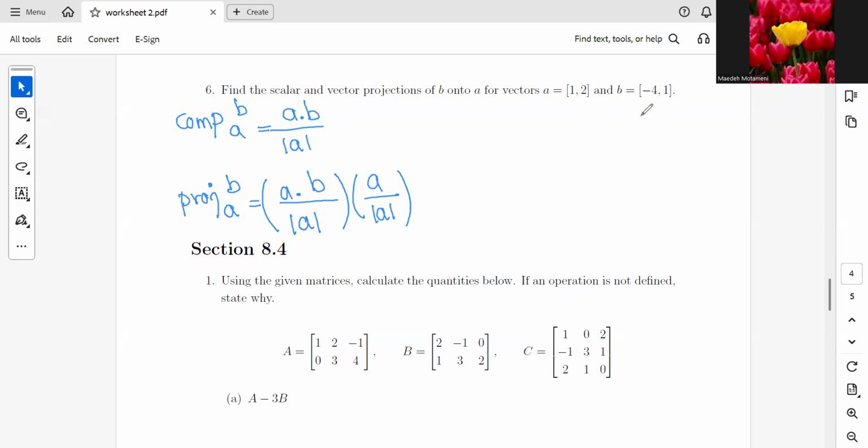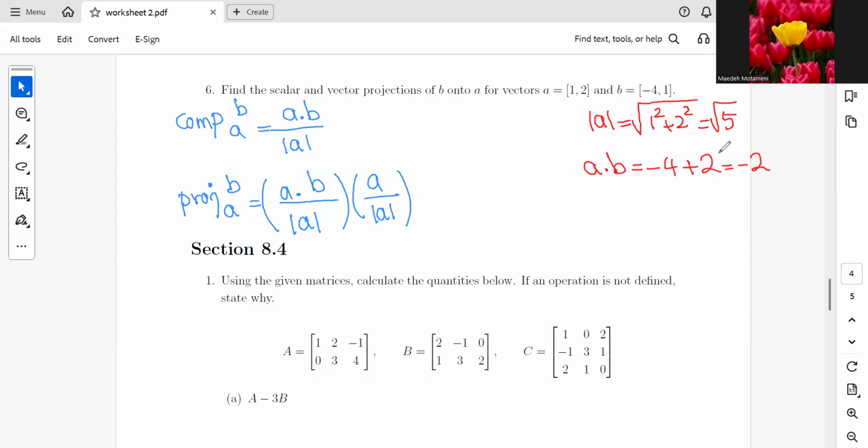First of all, the length of a is the square root of 1 squared plus 2 squared, which is the square root of 5. And we need to know a dot b. Based on the information that we have, a dot b is 1 times -4, which is -4, plus 2 times 1, which is 2. So the answer would be -2 here.